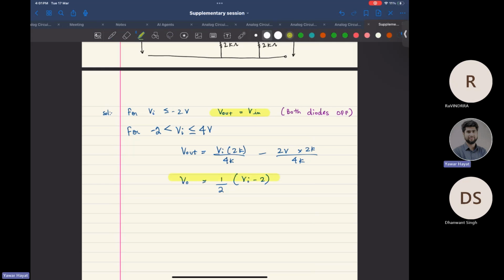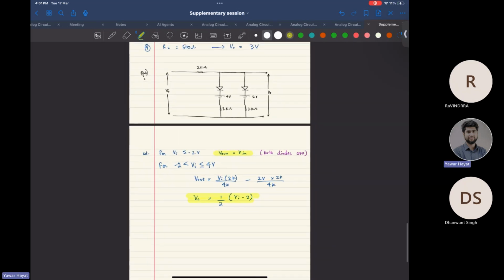For this range, this will be my V output, correct?